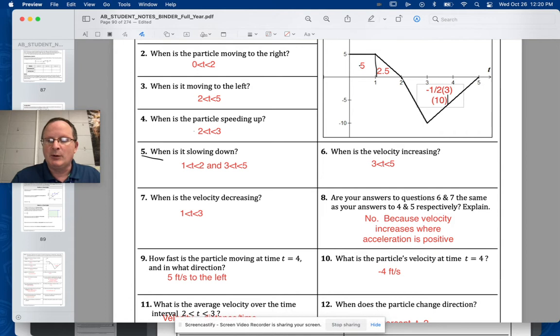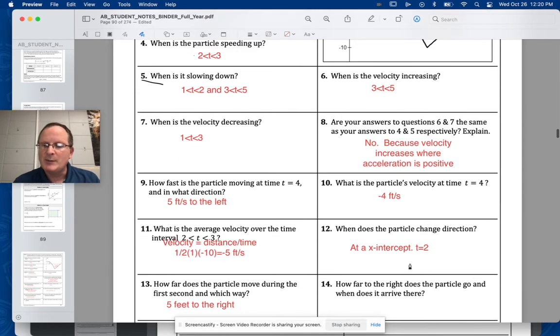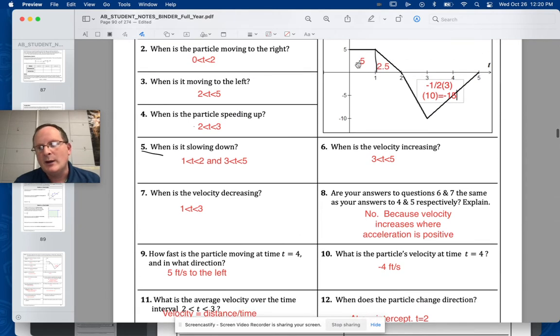So the area is 15, but it's below the x-axis, meaning that we were moving to the left. So I'm going to consider it negative 15. All right, so that helps us down here then. How far to the right does the particle go, and when does it go there? Well, it went 7.5 as the furthest we ever went, 7.5 feet at 2 seconds.